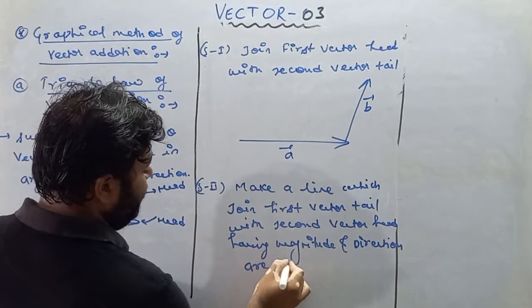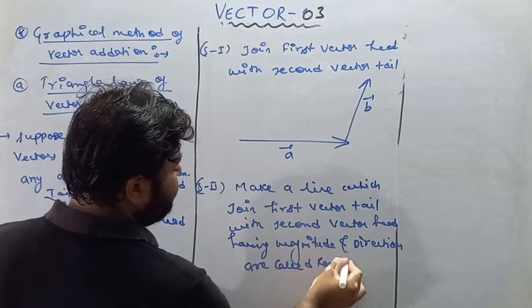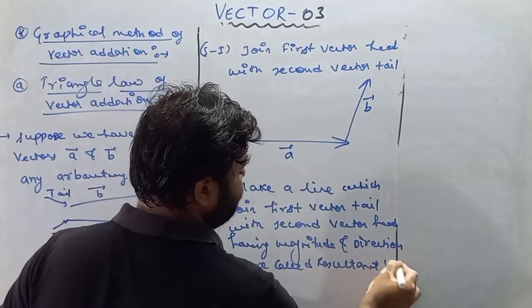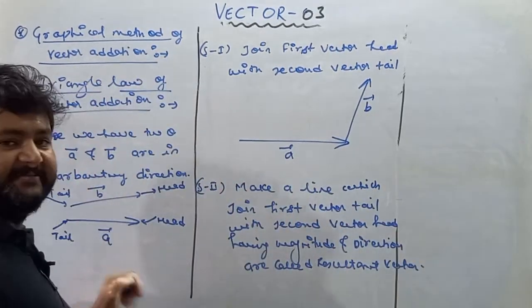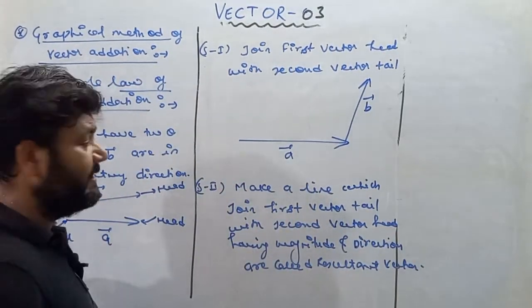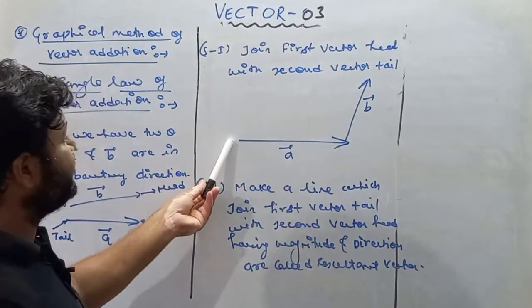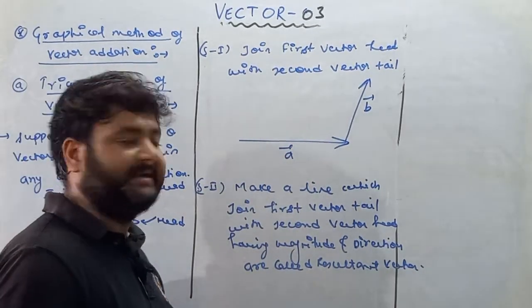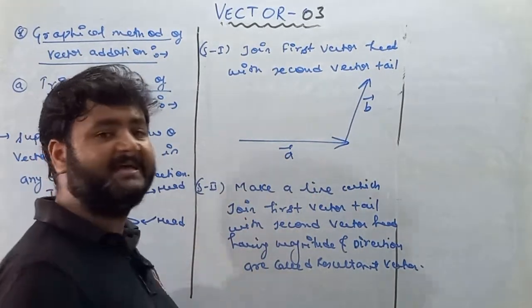This is called the resultant vector. Now what we have to do, beta, is join the first vector tail with the second vector head, having magnitude as well as direction.